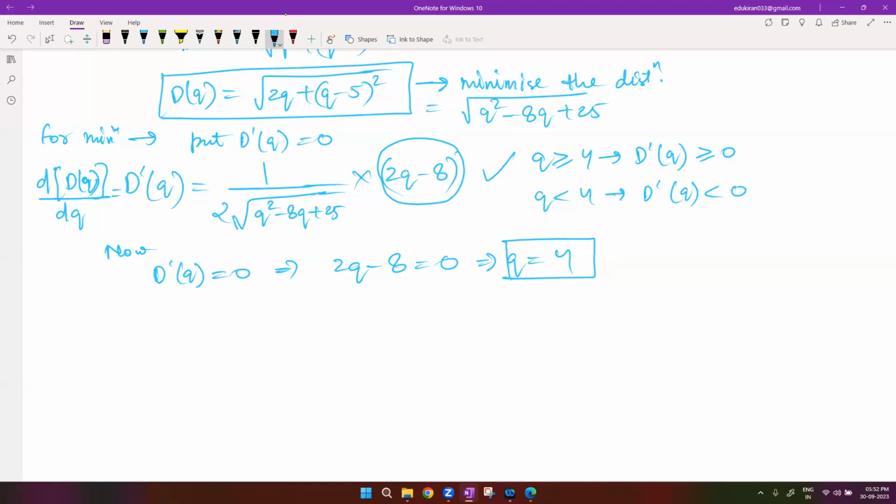So जब q less than 4 है, this is decreasing, and when q is greater than equal to 4, then this is increasing. So first decreased, then increased will give you a point of local minimum.